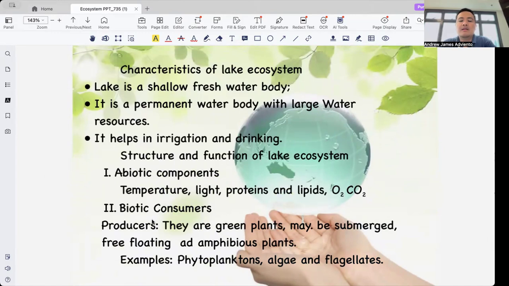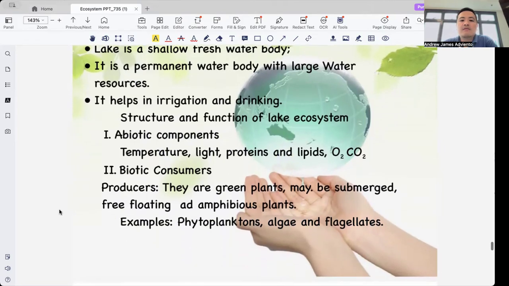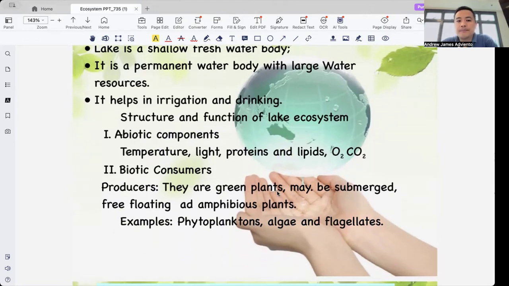Next will be the characteristics of the lake ecosystem. To summarize, lakes vary in light penetration, nutrient levels, temperature gradients, and biodiversity. Each factor influences the productivity and ecological balance of the lake. The structure and function of the lake ecosystem, which are the abiotic and biotic components, are almost the same as in any ecosystem.